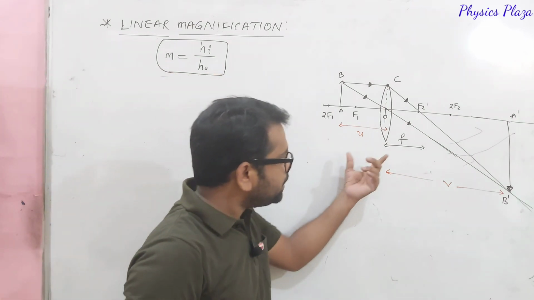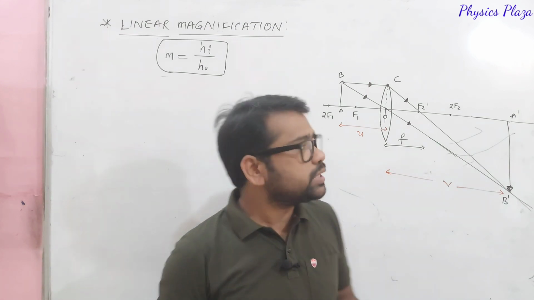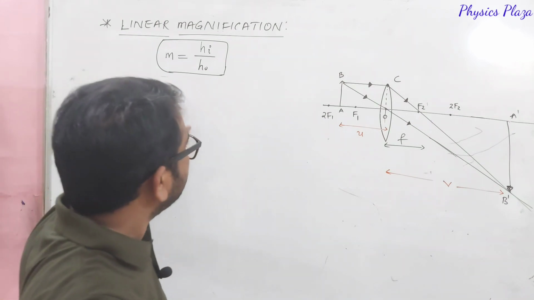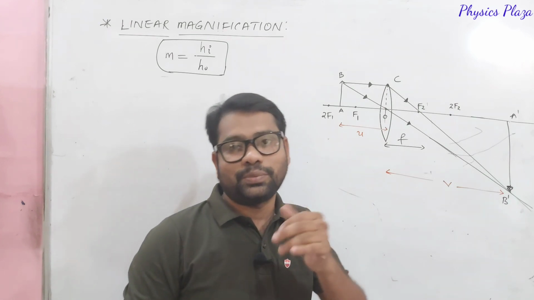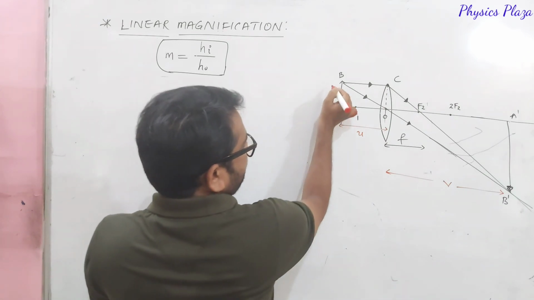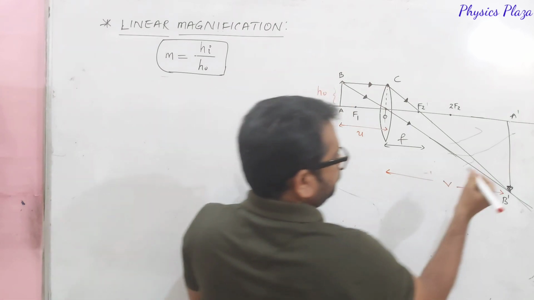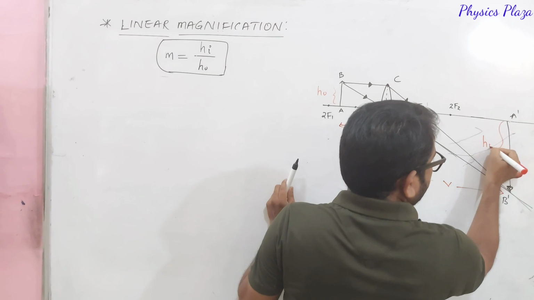Children, the same diagram which we used to derive the lens formula, we are going to use for linear magnification also, to relate how image height and object height are related to the image distance and object distance. In this diagram, AB represents the object height, whereas A dash B dash represents the image height.